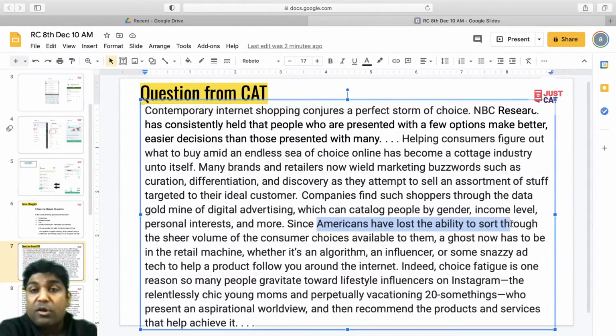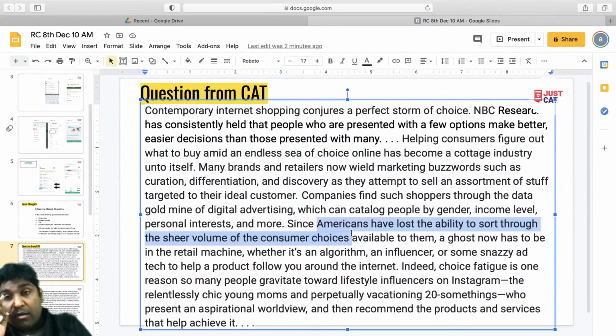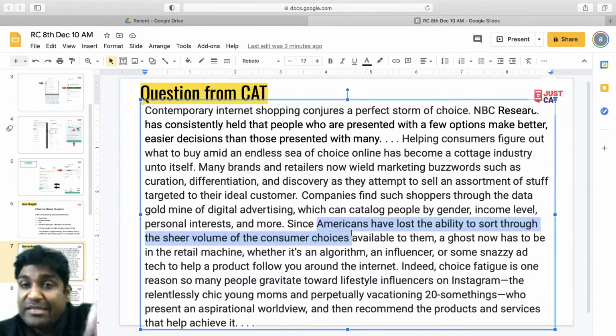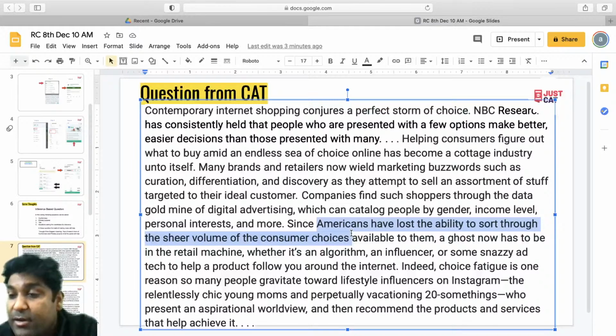Since Americans have lost the ability to sort through the sheer volume of choices, since Americans are having problems with the volume of choices which they have. Now, if you see, the same thing is repeating again and again, right? That there's a problem of plenty, and companies are helping them through various ways.